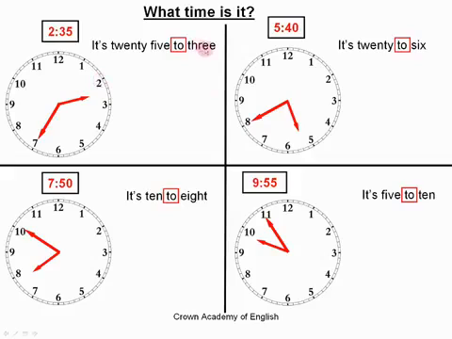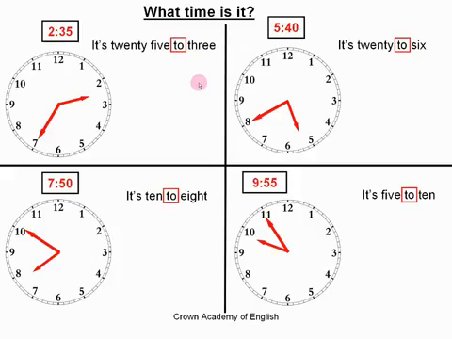Okay? So here, the hour is the hour in the future. Okay, that's very important. We do not say this time is 25 to 2. No, that is wrong. It is 25 minutes before 3 o'clock. So we say it's 25 to 3.